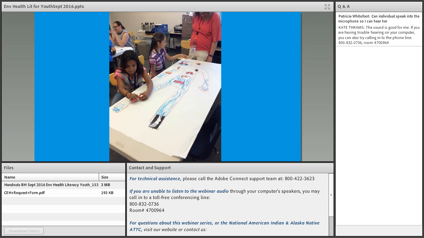Then we also had a session in the second summer about hygiene, washing your hands, and thinking about how water is important to our health, in that it can spread contamination to humans. So if our water is contaminated, that contamination can get into our bodies.